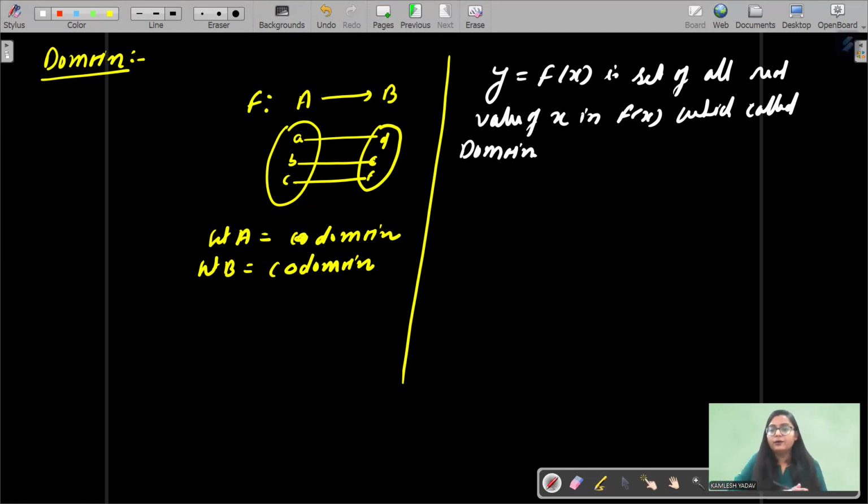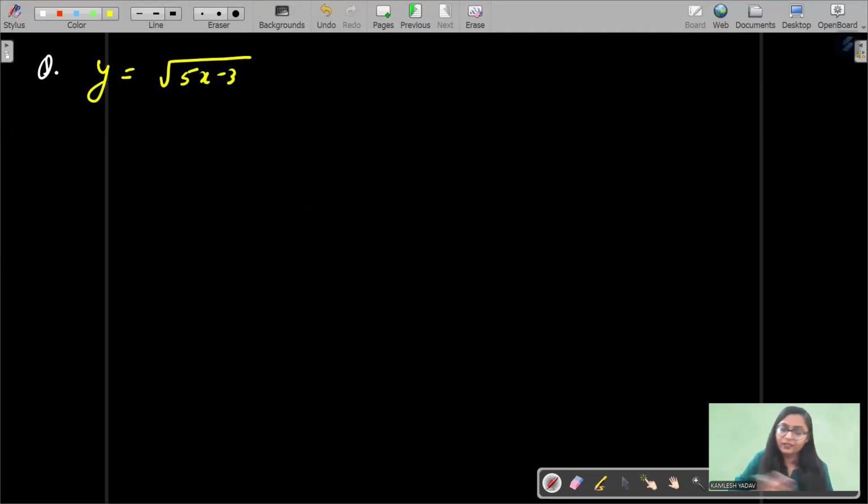Now let us take some examples and check how to find the domain. Suppose we have a question like y equal to root under 5x minus 3. How to find the domain? First of all, we square both sides, so it becomes y square equal to 5x minus 3.